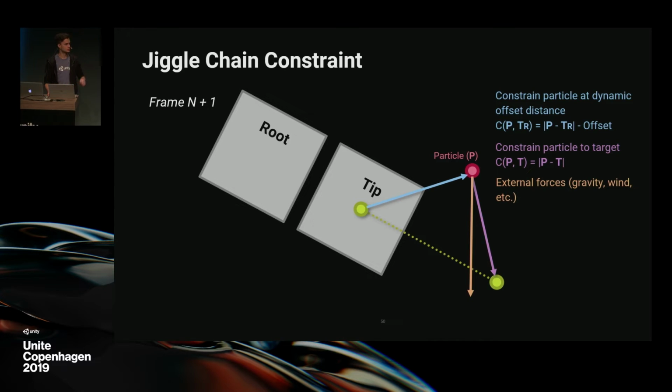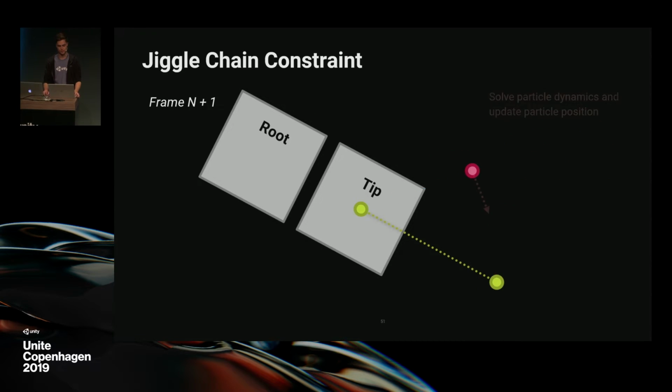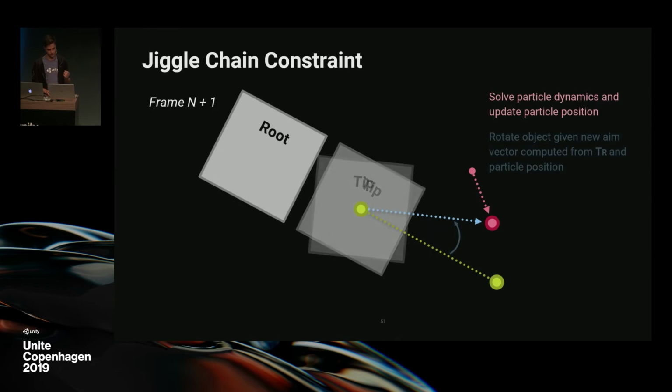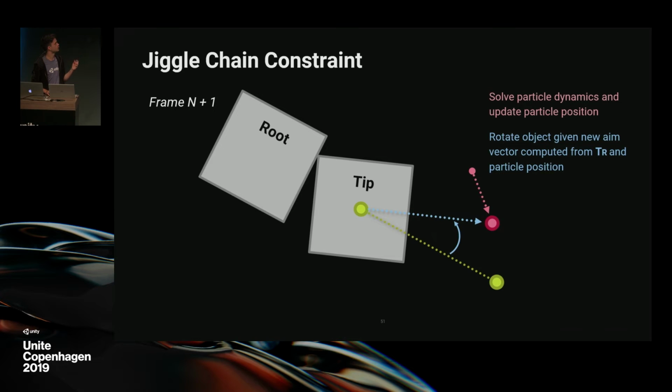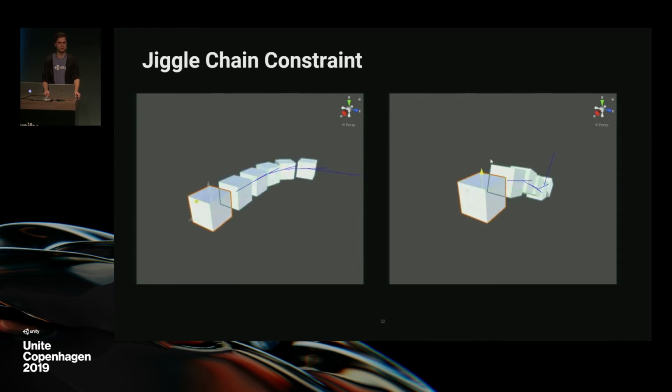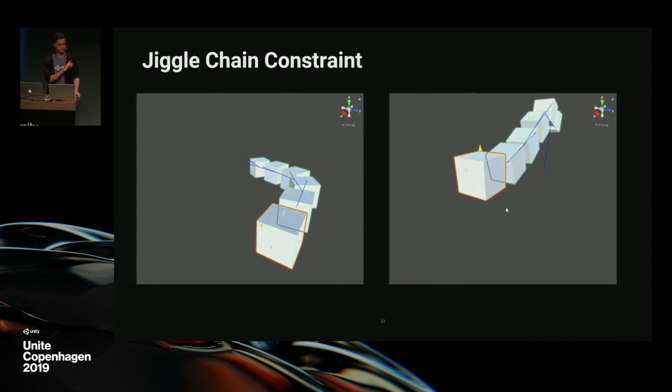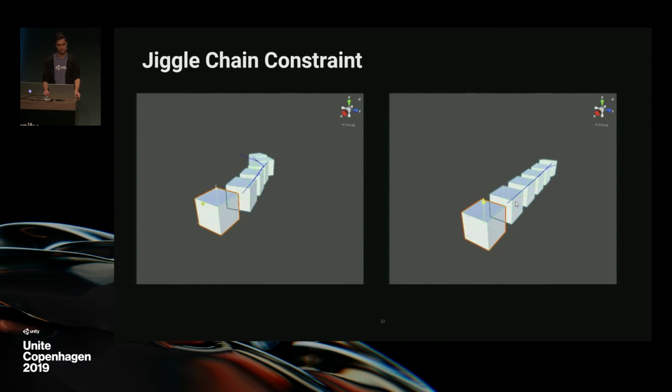By taking those three components into account, we end up with a new particle position. Using this new particle position, we can create a new lookat vector for our tip transform. Our tip should always be looking at the particle's location, so we can calculate the delta rotation and simply apply it. This creates the cool jiggle chain constraint we had on the slides before.